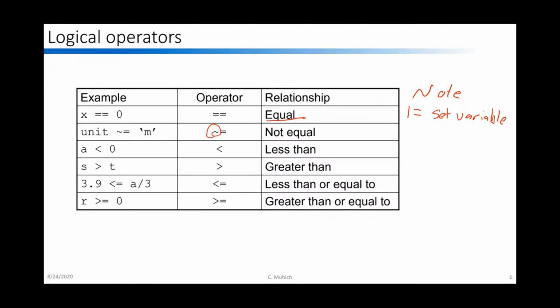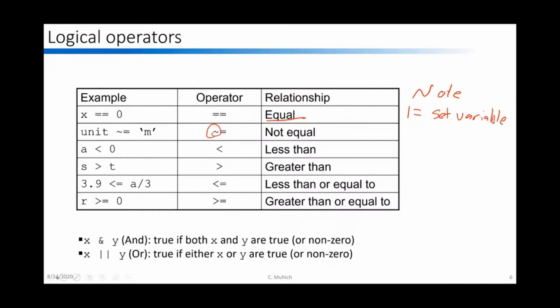For some reason, 5 is bad, right? If x is not 5, we do a bunch of operations, and if x is 5, then we do something else. Okay? Then we have the traditional things: less than, greater than, less than or equal, greater than or equal, just to give you a flavor of these operations.